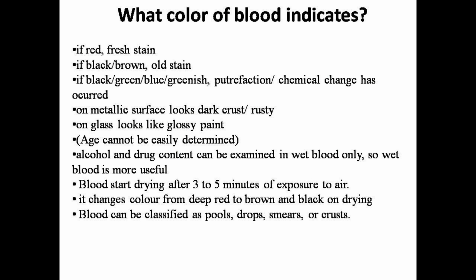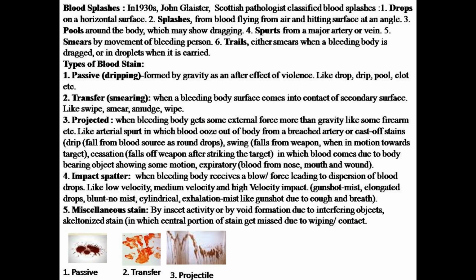pattern analysis. According to Scottish pathologist John Glaister, blood splashes can be divided into 6 different types. First is drops on a horizontal surface. Second, splashes, in which the blood might have come through the air and hit the surface at an angle. Then the pools around the body, which may be due to dragging of the body.